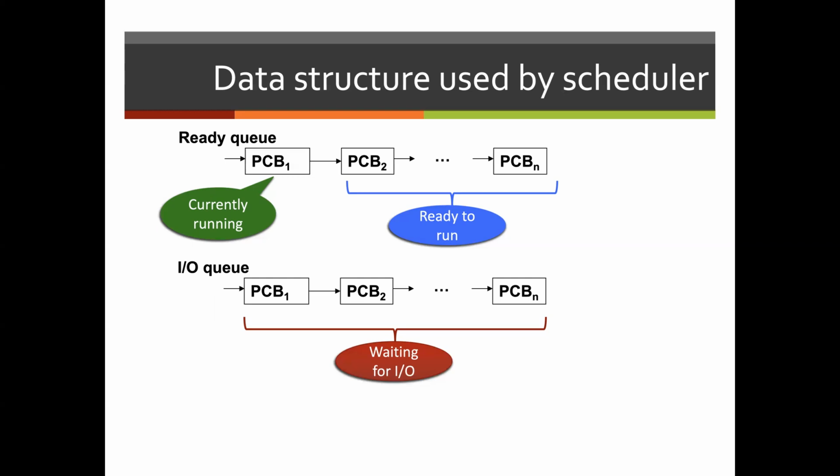So in order to do this, we make use of two linked lists. And one linked list is going to be representative of all the processes that are actually ready to execute on the processor. And appropriately, we're going to call that the ready queue. Basically, when we say that they're ready, that means that they're not waiting on any resources. They're not waiting on additional memory to be made available.